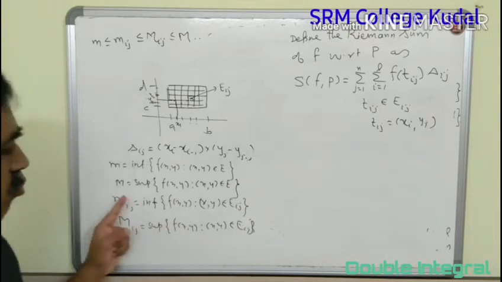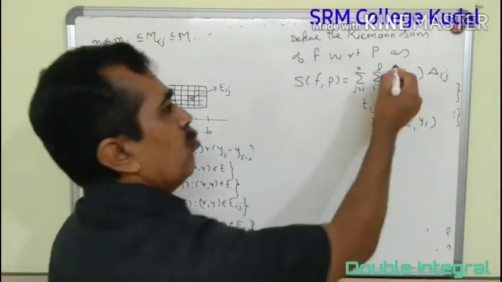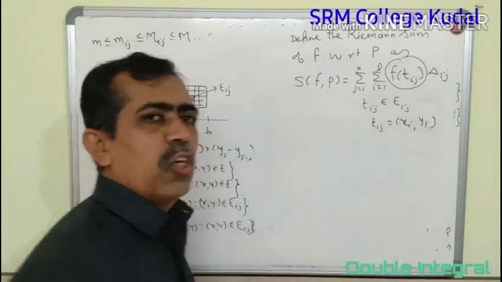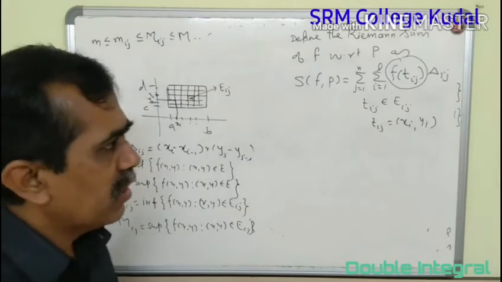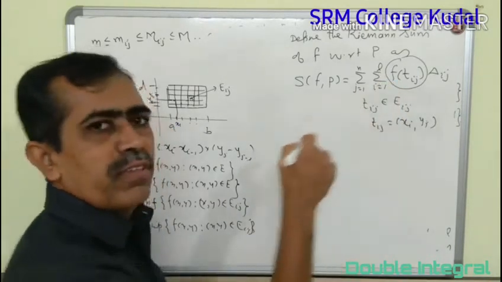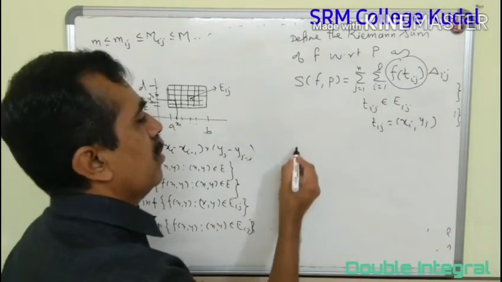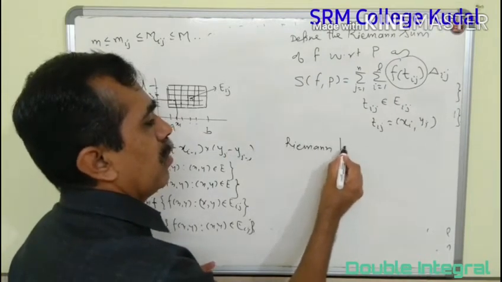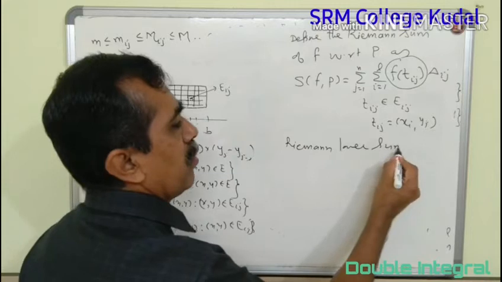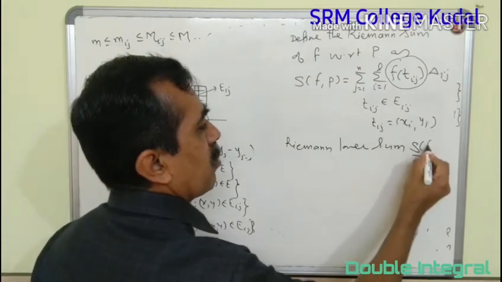So if we use these values instead of arbitrary values of the function, the resulting sums are called the Riemann lower sum, denoted by this notation.